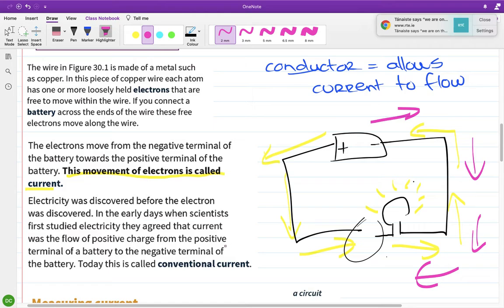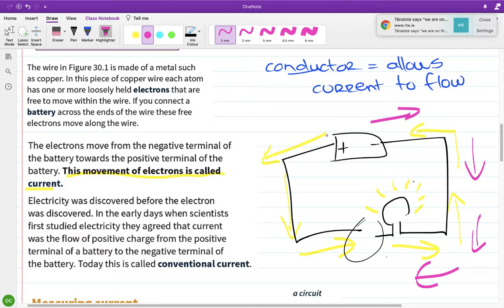Okay, and again, for some reason I can't understand, we still talk about the incorrect guess. So if you read this bit here, electricity was discovered before the electron was discovered. In the early days, when scientists first studied electricity, they agreed that current was the flow of positive charge from the positive terminal of the battery to the negative terminal of the battery.